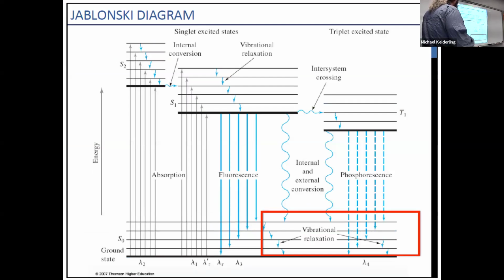Now, infrared transitions are all vibrational transitions. Because they are vibrational, they can be approximated with a simple harmonic oscillator, generally.